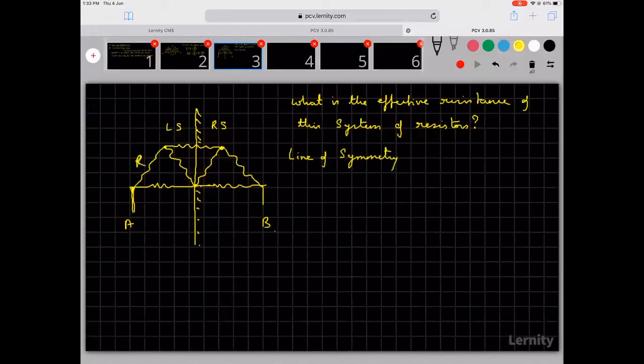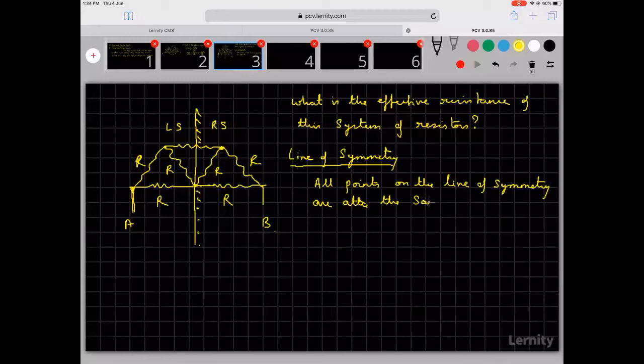So this is R, this is R, this is R, this is R, this is R, this is R. So I have a line of symmetry, and I'm making a statement that all points on the line of symmetry are at the same potential.